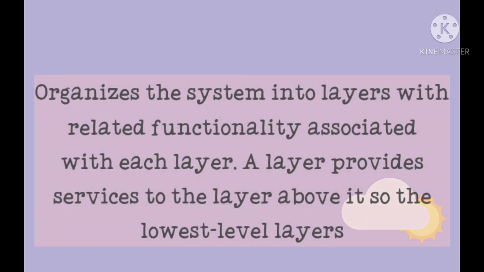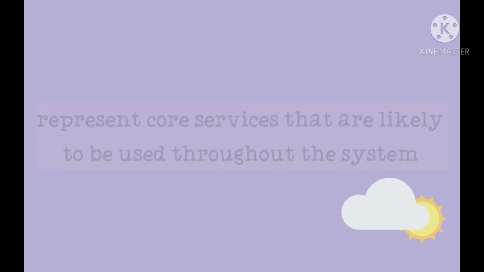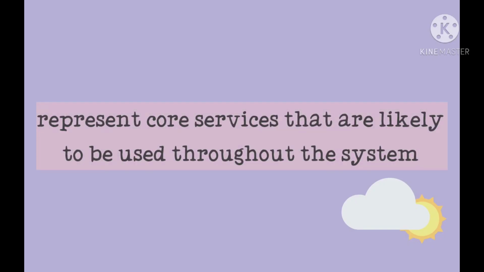Layer architecture organizes the system into layers, with related functionality associated with each layer. A layer provides service to the layer above it, so the lowest layers represent core services that are likely to be used throughout the system.